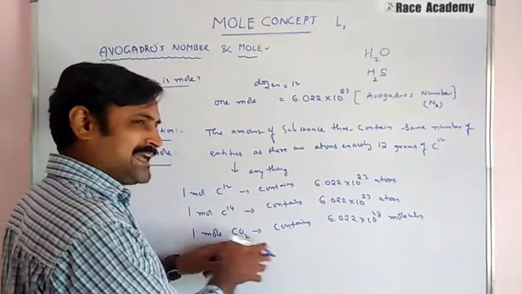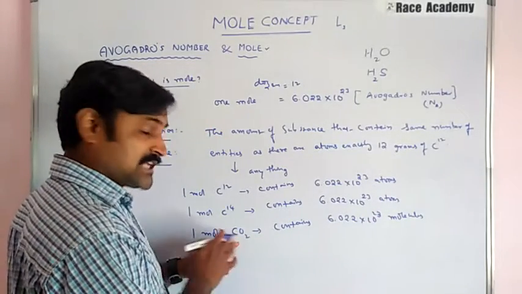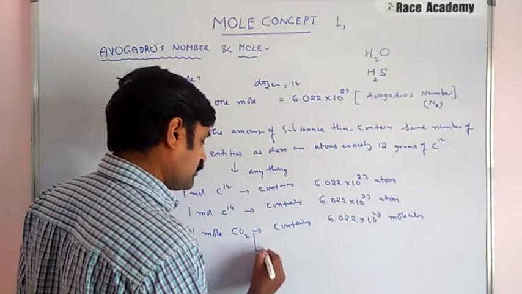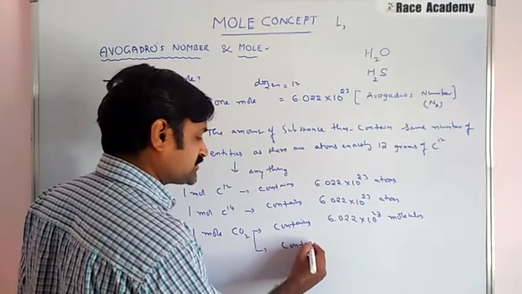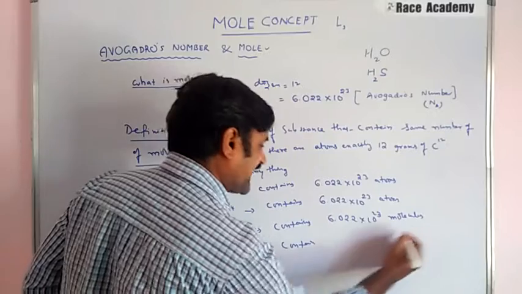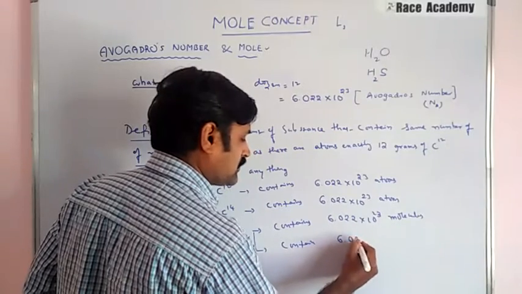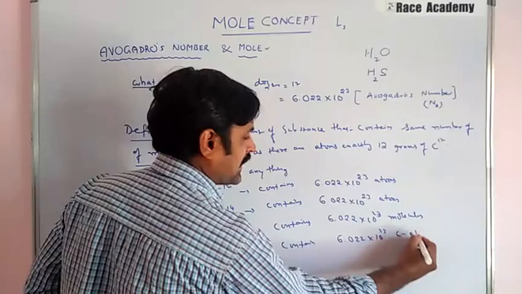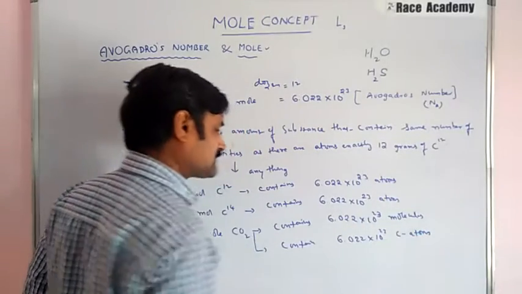When you go in depth, if anybody asks, 1 mole of carbon dioxide contains how many carbon atoms? Then you will write 6.022 into 10 to the power of 23 carbon atoms.